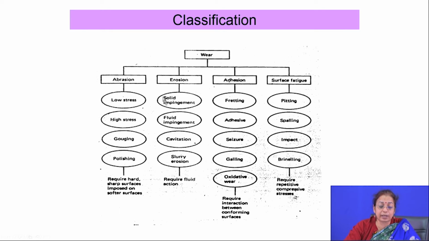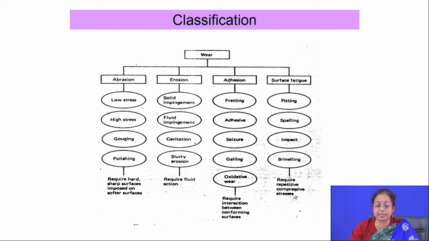Similarly, if you talk about the characteristic features of erosion, in solid impingement there is very fine pit formation. In fluid impingement, there are always impingement marks as well as pits. In cavitation erosion, there is formation of big cavities on the surface. In slurry erosion, there is formation of a large number of pits on the surface having discontinuity and typical directionalities.